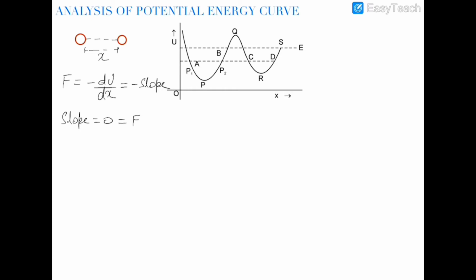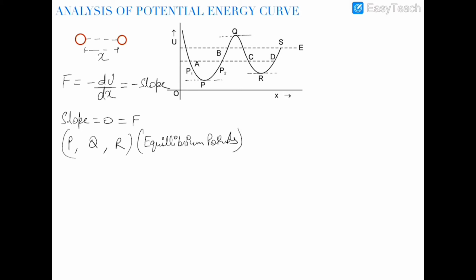These points are P, Q and R. At P, Q and R, the slope of this graph is zero, and these are the equilibrium points.